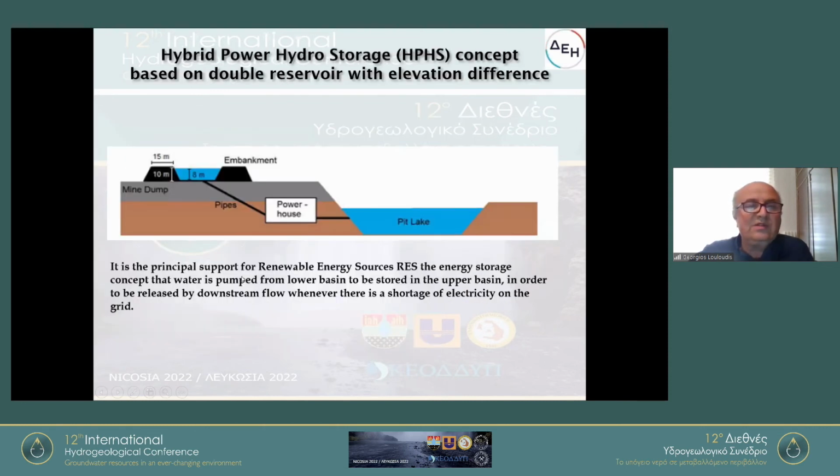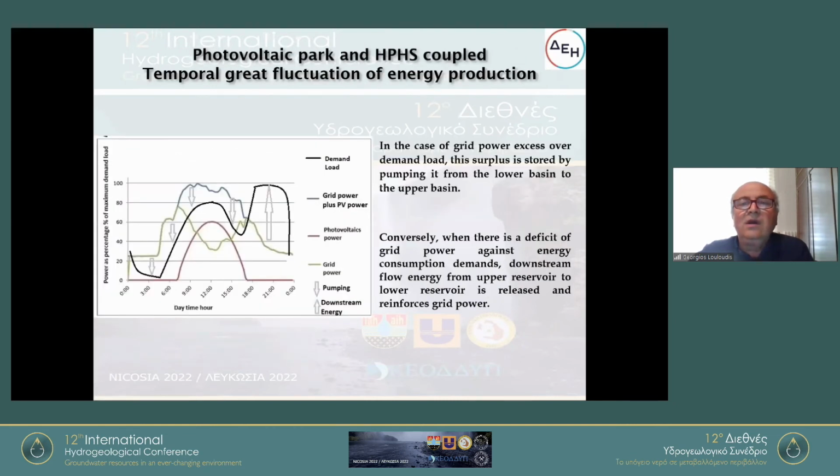It is the principal support for the renewable energy researches, the energy storage concept where water is pumped from the lower basin to be stored in the upper basin in order to be released by downstream flow whenever there is a shortage of electricity on the grid.